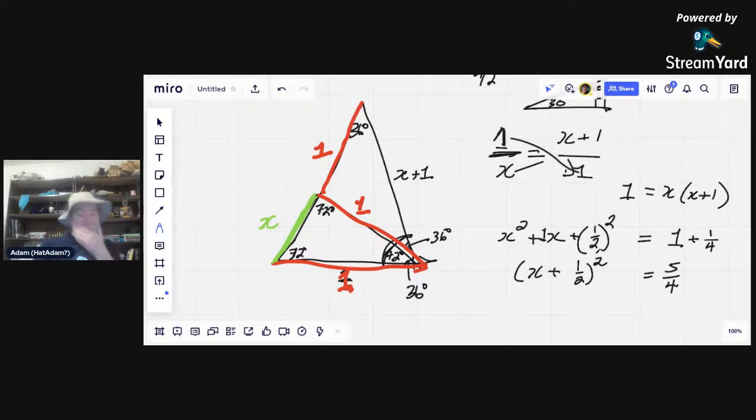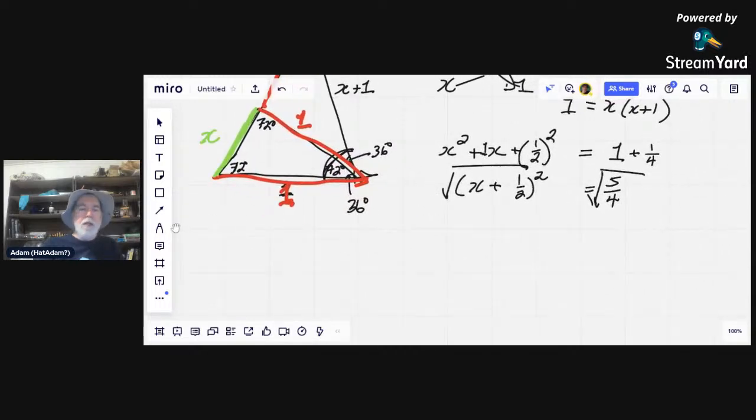Now we'll square root everything. Square root, square root, square root, square root. And scroll that up. Okay, so we end up here with x plus 1/2 equals square root of 5 over square root of 4, which is 2. And now let's shoot that on over here.